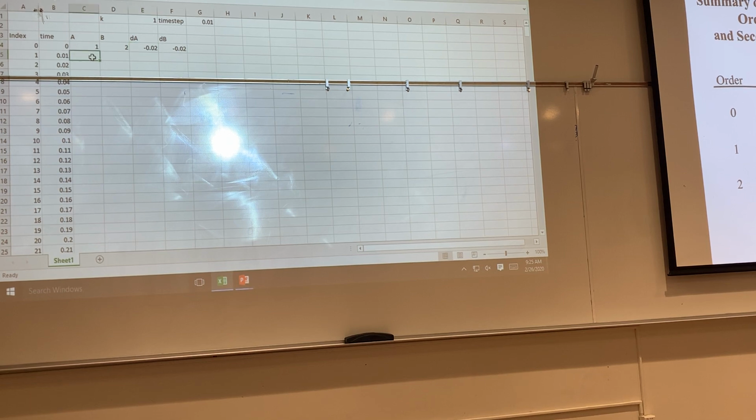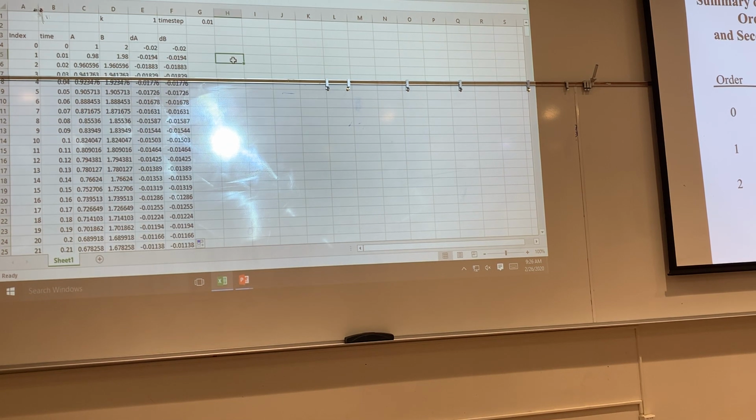And then I know that this here has to be this plus whatever change I have over here. I can pull this over to this, pull that over to the side. And I can figure out here that these ones are still defined in the same way. And I get my concentrations of A to B right away out of this.